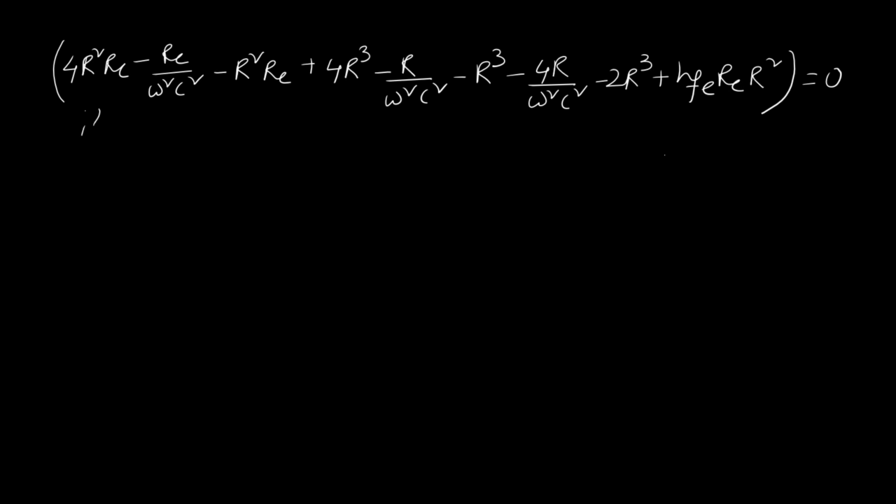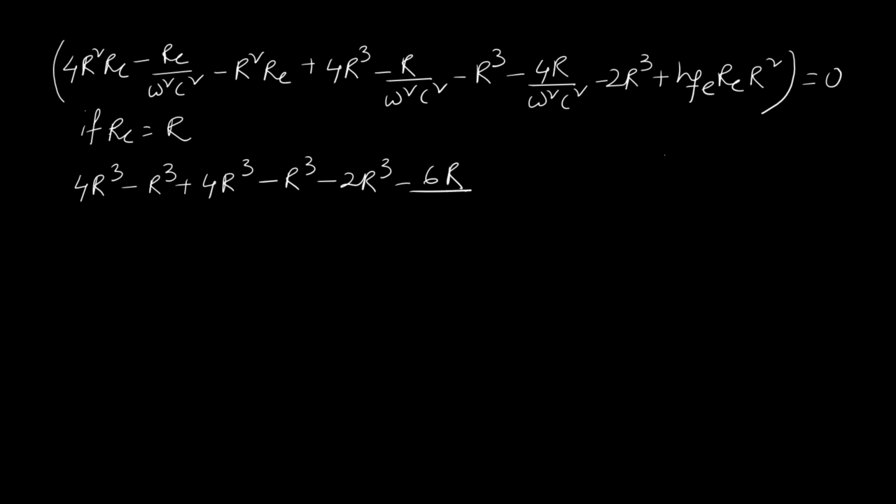If RC is equal to R, then 4R cube minus R cube plus 4R cube minus R cube minus 2R cube minus 6R by omega square C square is equal to minus HFE R cube.